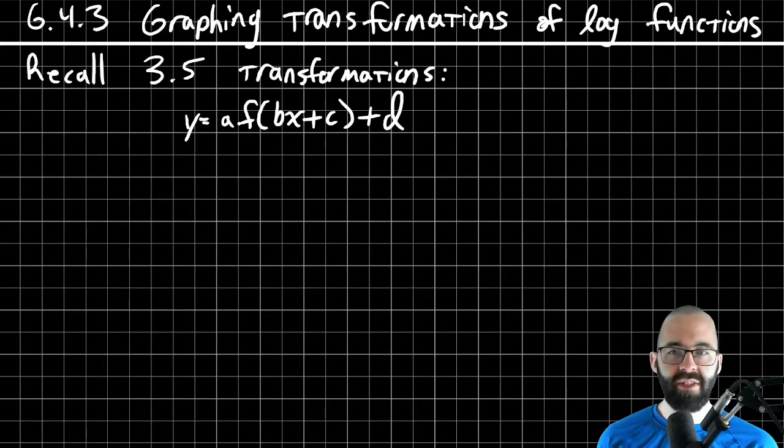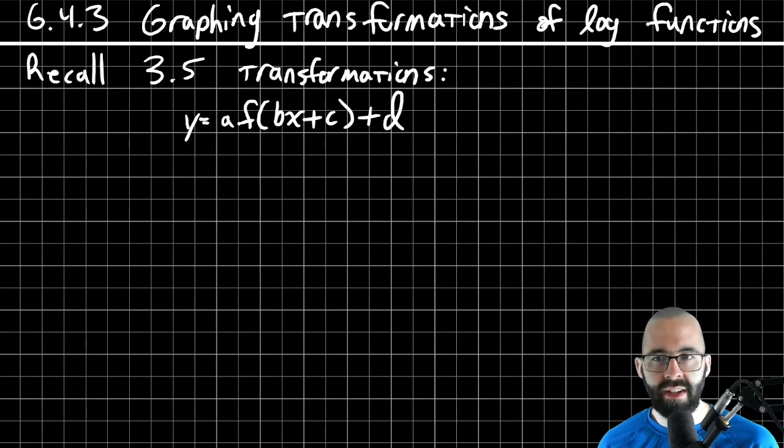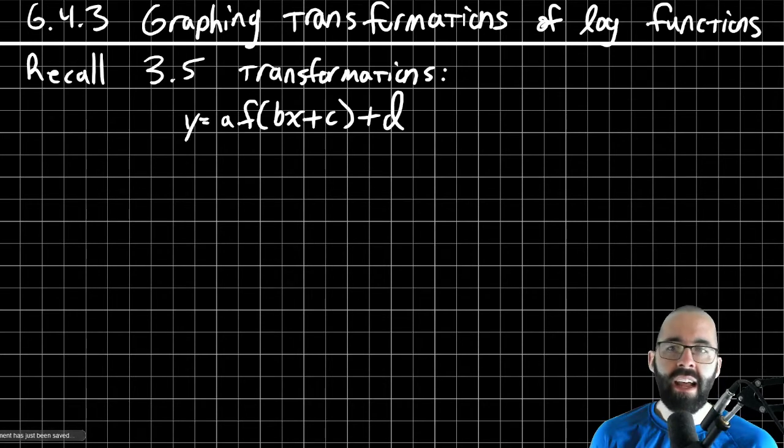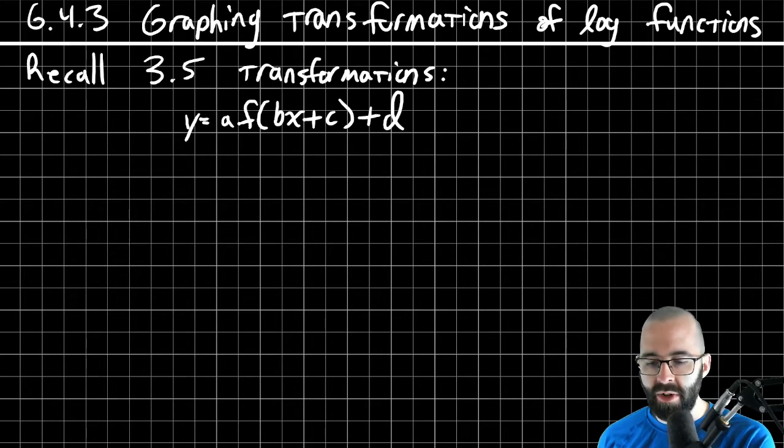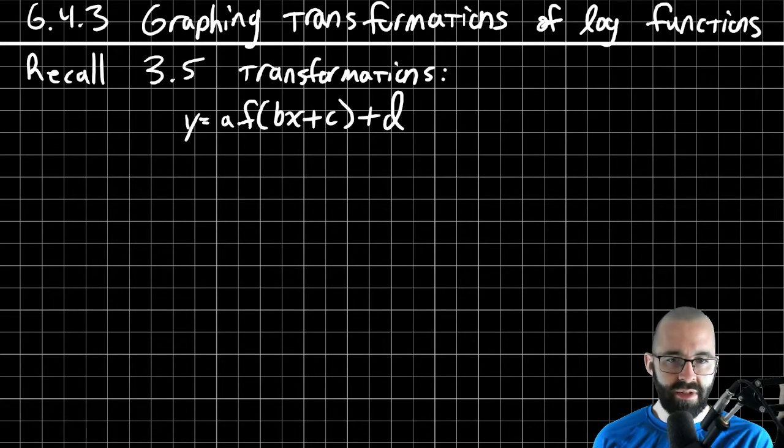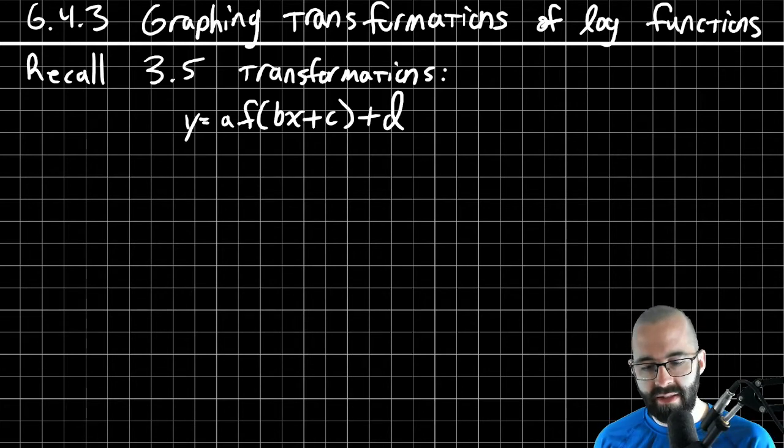Remember, a whole bunch of things. This is just multiplication on the inside or the outside, addition on the inside or the outside, and negatives do things too, remember. Okay, so we would start with a horizontal shift and end with a vertical shift and do everything in the middle, if you remember the order in which I recommended doing things.